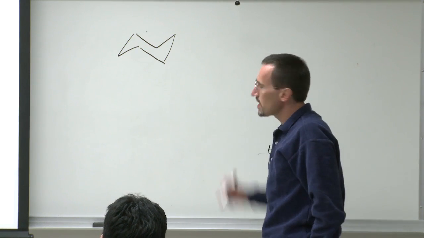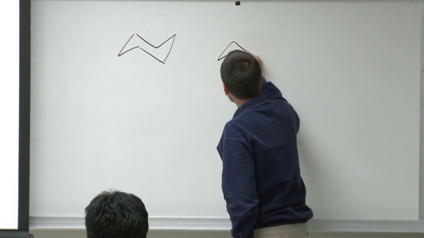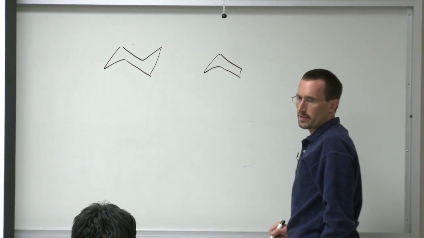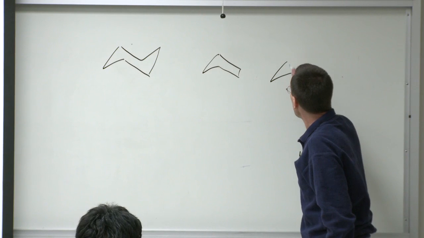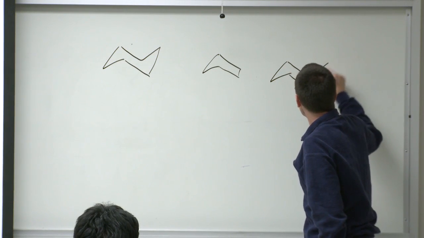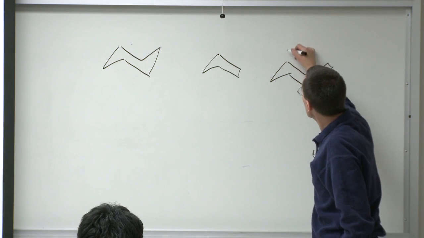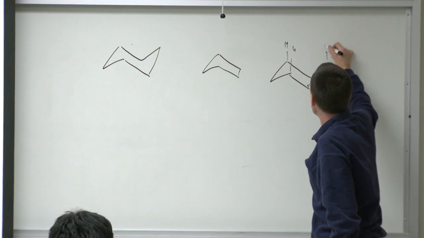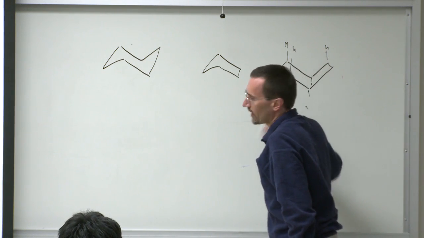So if you understand chair cyclohexane, then you can basically understand an envelope cyclopentane. Cycloheptane has a number of different conformers, but you can basically fake cyclohexane. You can start to figure out, okay, I have hydrogens here and so forth, and you can fake a whole heck of a lot.